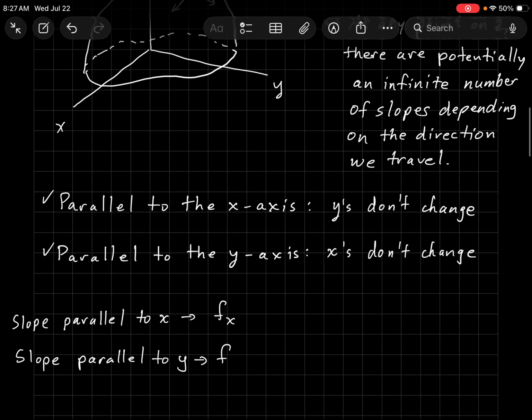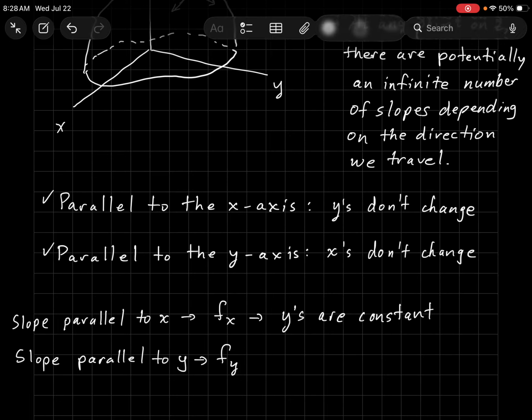So when we say the slope parallel to the x, with our notation f subscript x, what does this mean? It means that the y's are held constant, or the y's are treated as a constant because they're not changing.